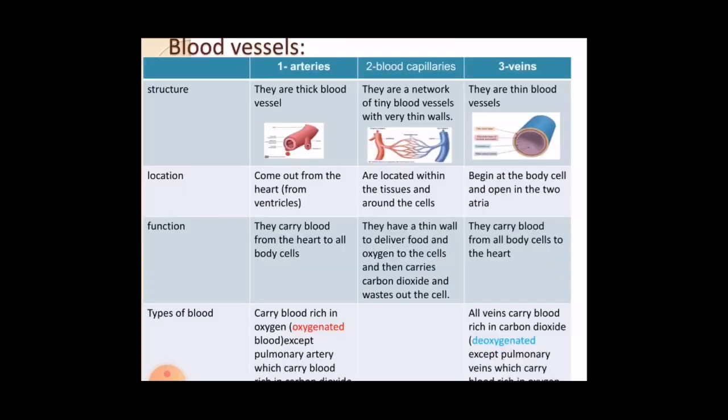All veins carry blood rich in carbon dioxide, deoxygenated blood, except pulmonary veins. We said that veins are like what?